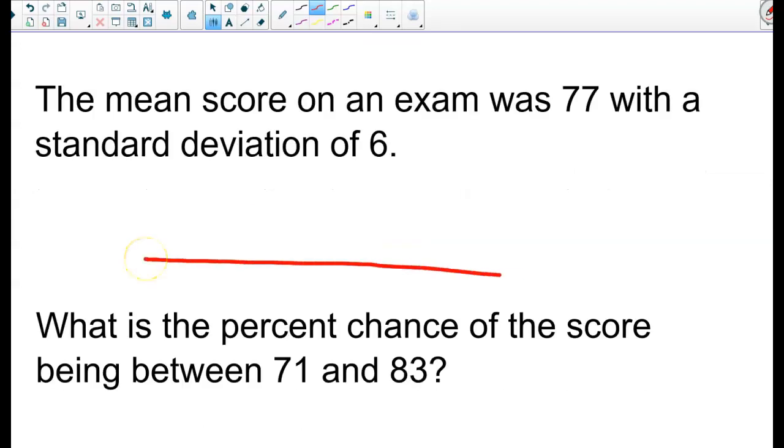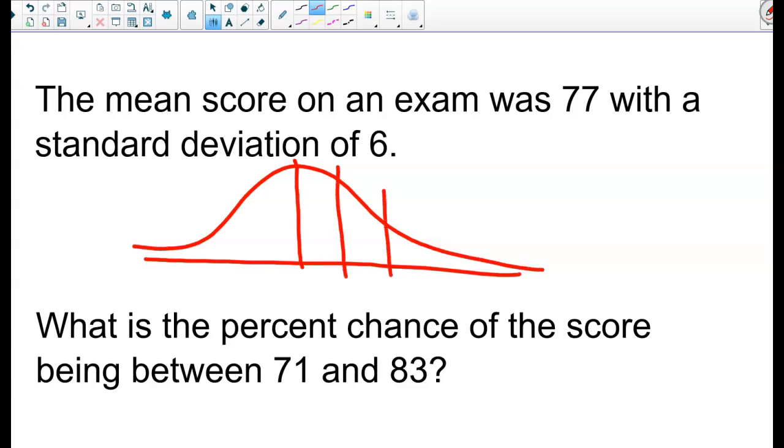So for this one, draw our curve. 1, 2, 3. 1, 2, 3. 77. We're going to go 83, 89, 95. 71, 65, 59.